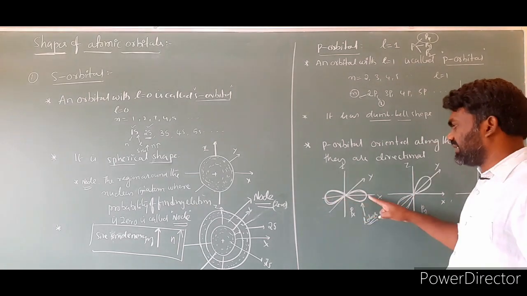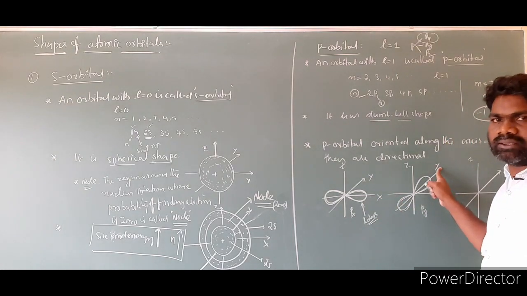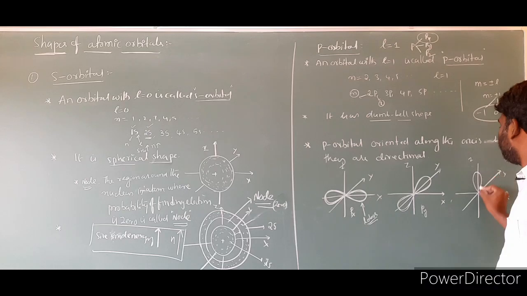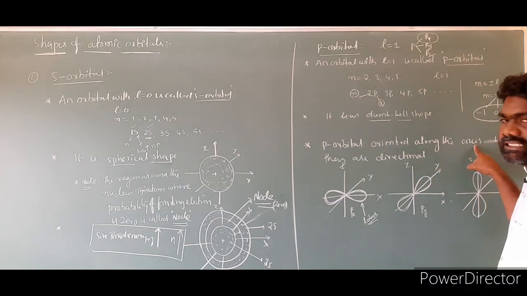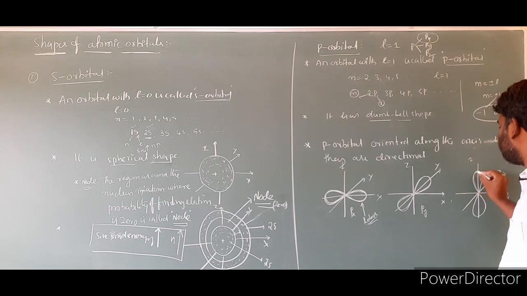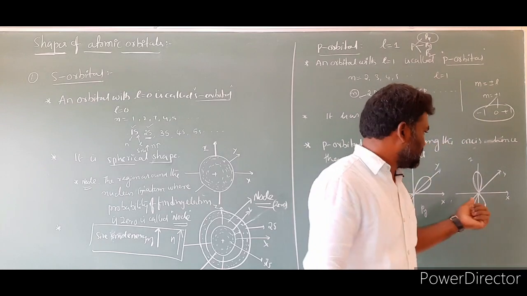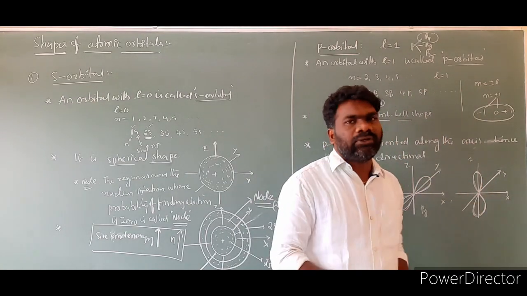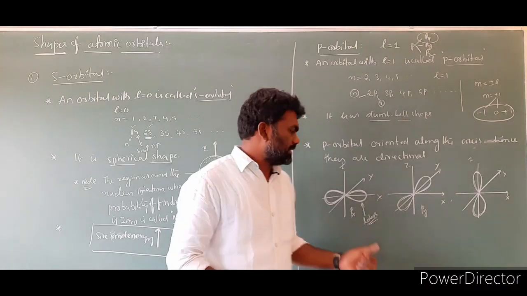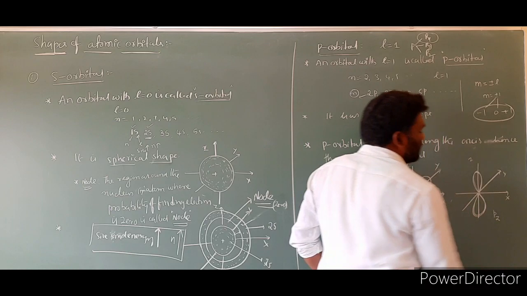As I already wrote, the p orbital is oriented along the axis, and this one also has two lobes. So each p orbital has two sections called lobes. I labeled here px, py, and pz.